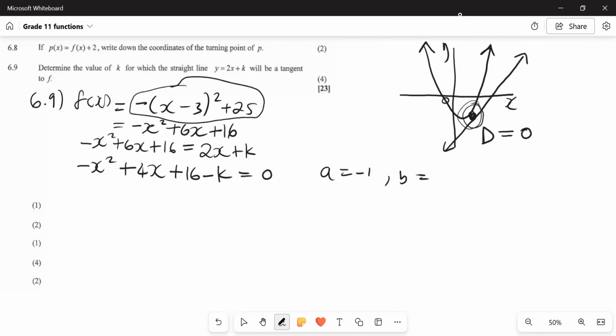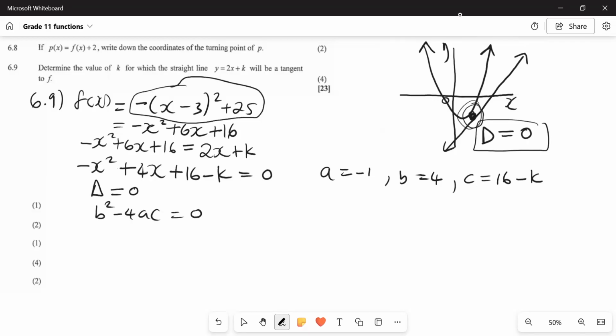The value of b is equal to 4, the coefficient of x, and the constant becomes c. Now, we need to have our discriminant equal to 0 from this information. So b squared minus 4ac equals 0.